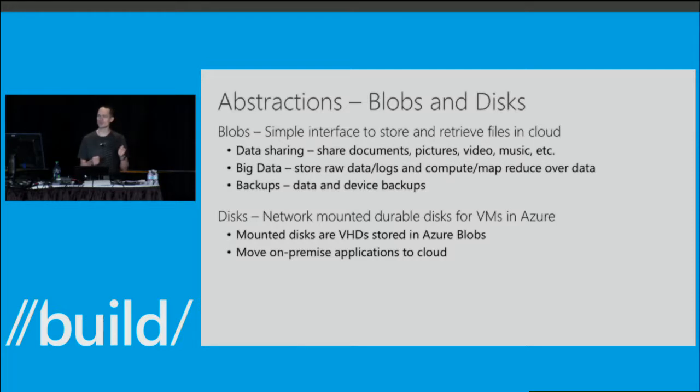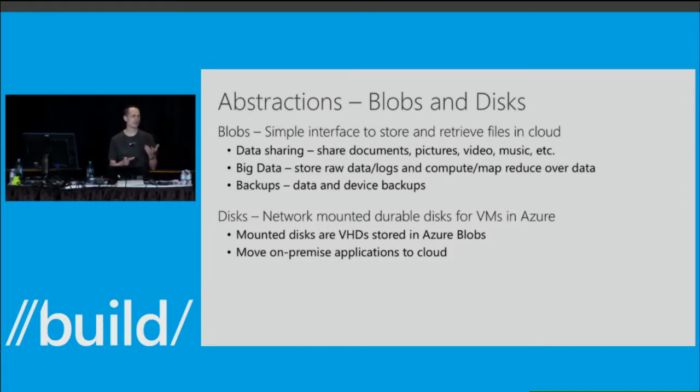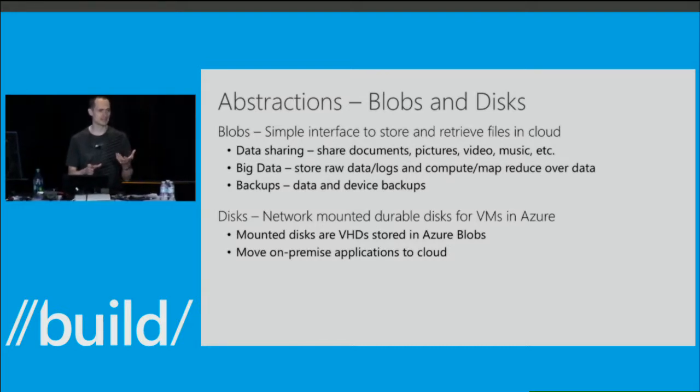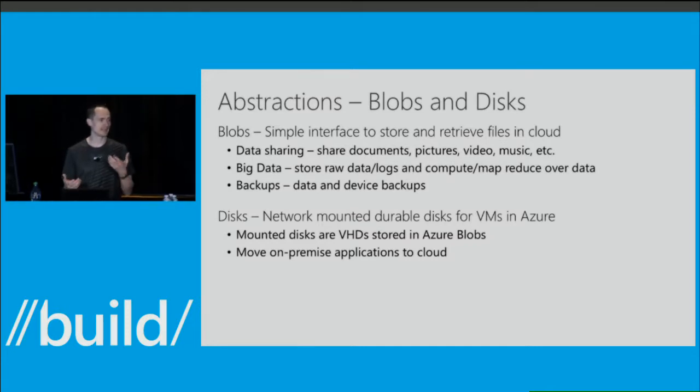So your VM can use this network-attached durable disk. So the scenario we're trying to address here is that we want to enable customers to move their on-premise workloads to the cloud, and we want them to have a durable disk that they can use in the cloud. So any of the writes that you do to that disk basically go to our Azure storage system and we replicate it. So we keep that disk durable.